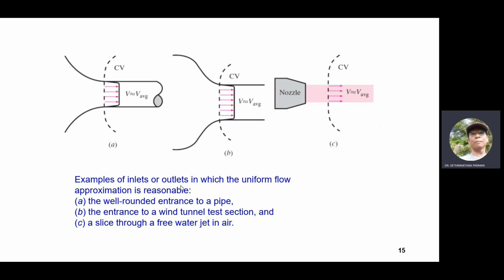So these are examples of inlets or outlets in which the uniform flow approximation is reasonable. In the first figure, the well-rounded entrance to a pipe. In the second figure, the entrance to a wind tunnel test section. And in the third figure, a slice through a free water jet in air.